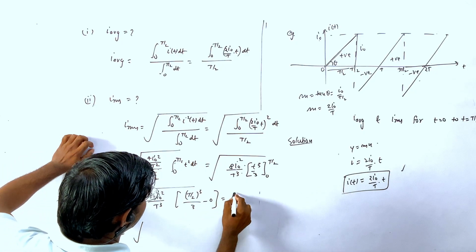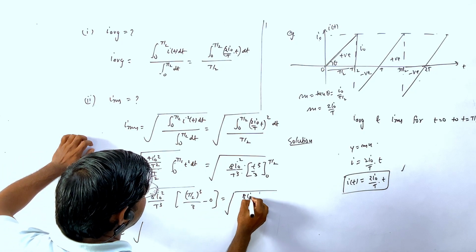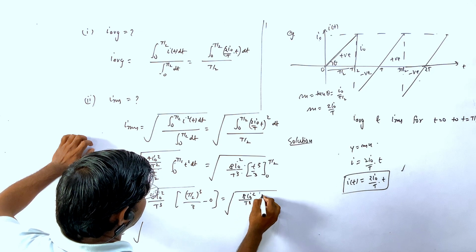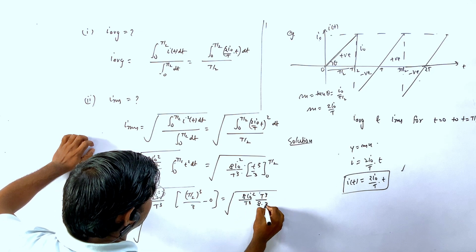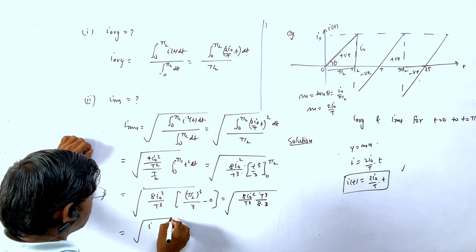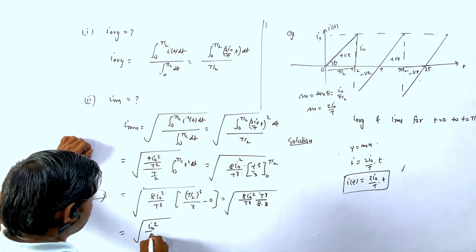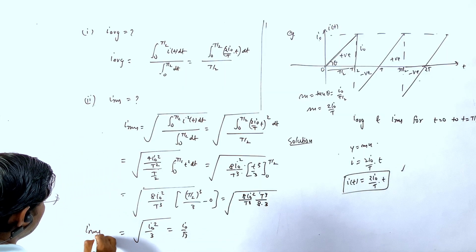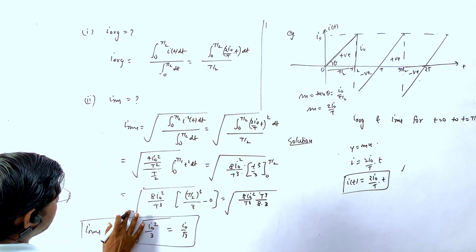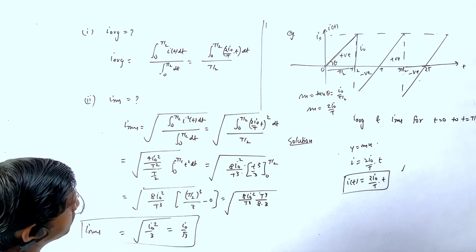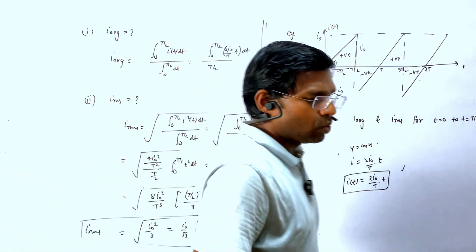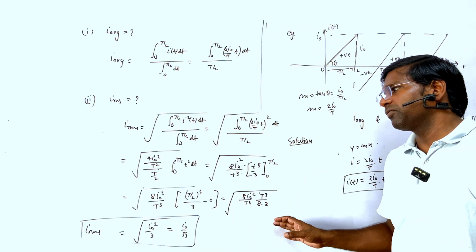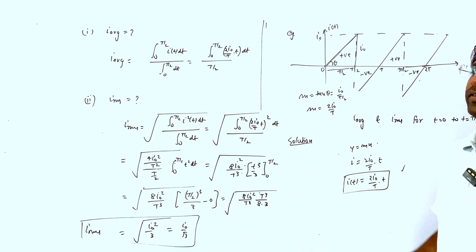So this is equal to 8I naught squared upon T cubed, right? So this is I naught squared upon 3, so IRMS is equal to I naught by root 3. So its RMS value for the half time interval we can find using the calculation, right? And you will get a few questions in your sheet, right? This type of question we have almost done, right?